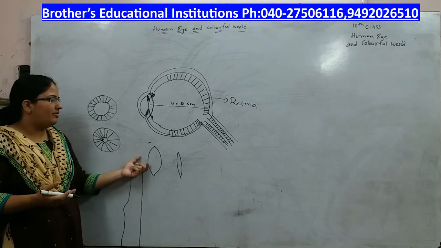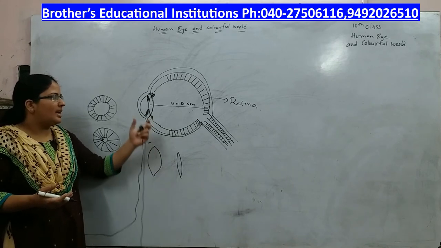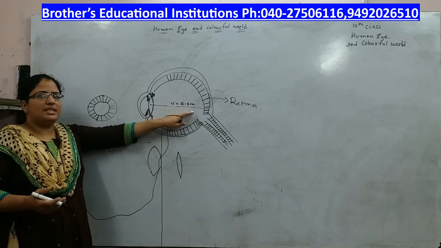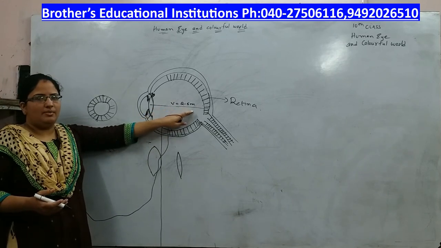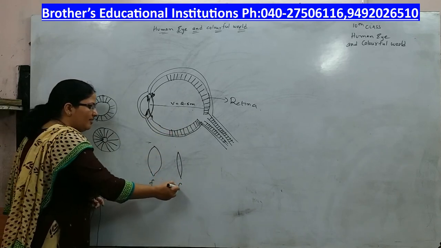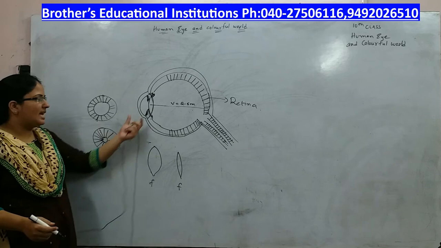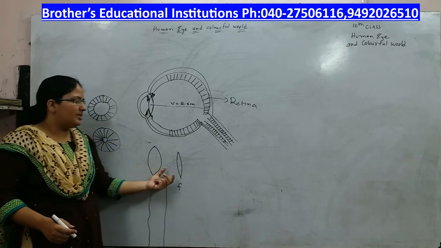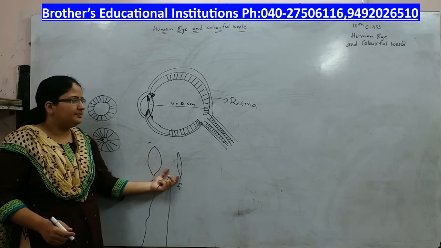Because the focal length is changing, the image distance is always fixed. Whenever you are seeing far off objects, it is relaxed. Whenever you are seeing nearby objects, it is contracted like this.